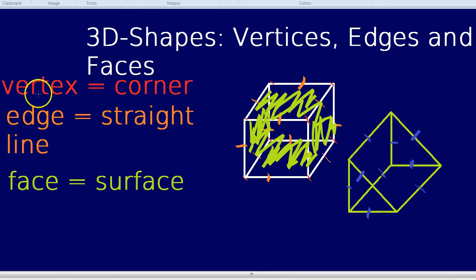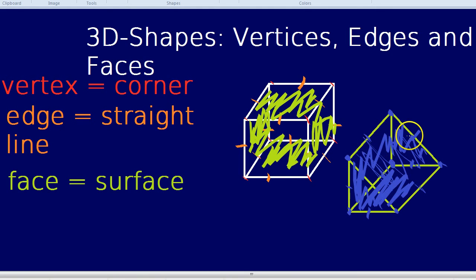How many vertices? 1, 2, 3, 4, 5, 6. So 6 vertices. How many faces? 1 on the side there, 1 at the back, that's 2. It has the floor here, 3, and the left-hand side, 4, and finally the front, 5. So it has 5 faces.